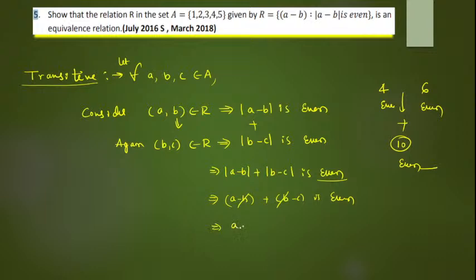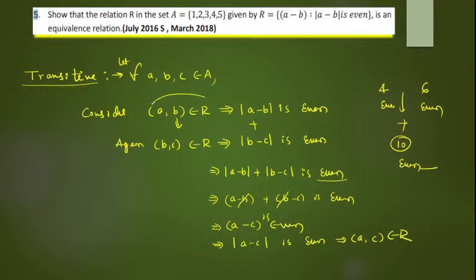What is remaining? A minus c is left out, so a minus c is also an even number here. If a minus c is even, definitely you can write modulus of a minus c is even. This implies an ordered pair a comma c belongs to your relation R, right?